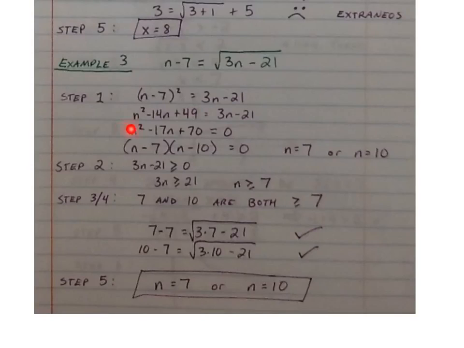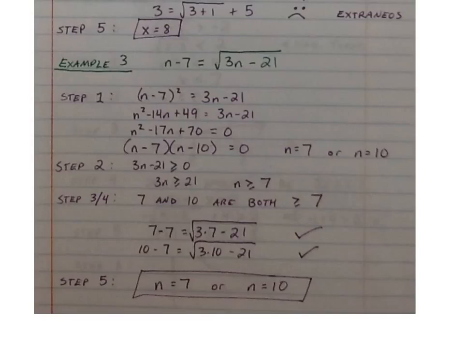In the next step, I subtracted 3n and added 21. I then factored my n squared minus 17n plus 70. And that gave me two possible solutions of n equals 7 or n equals 10.